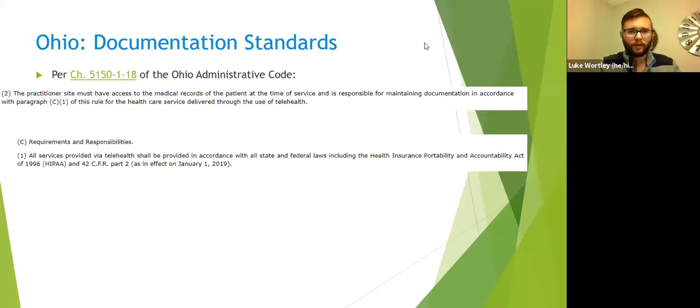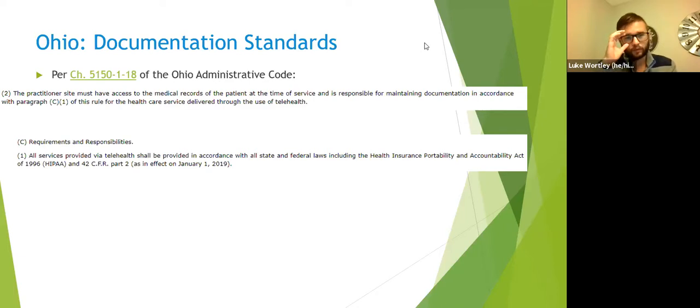We have a chat. Does telehealth informed consent need to be done with each service or only one time per year? Okay, Peggy, as of right now, telehealth informed consent operates just like any other kind of in-person consent.